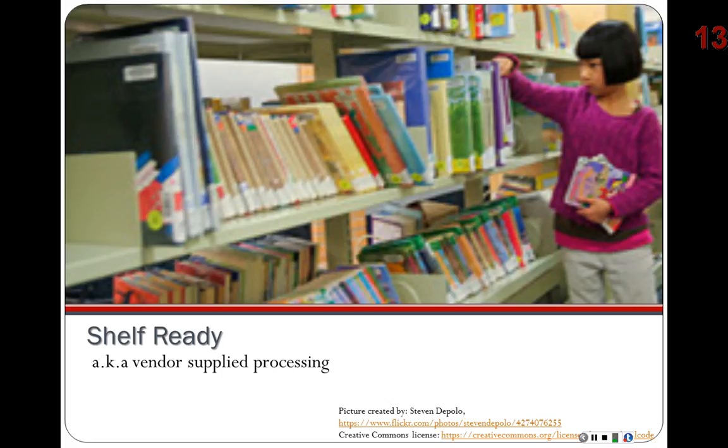But for those libraries with limited staff help, or even volunteer help, this might be a better way to get consistent and reliable processing done. Getting the books and other materials out on the shelf quickly instead of them waiting in the back room for processing to be done.